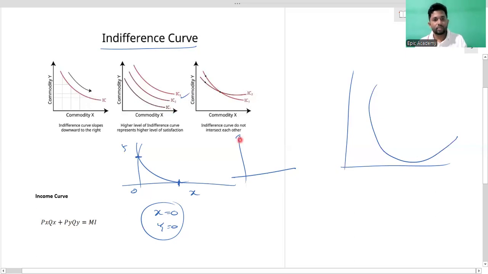So indifference curves never cross each other. Why? Because IC1 displays one level of utility, and IC2 indicates another level of consumption. If they cross each other, that means they are similar. So they never cross the lines. Those features must be there for the indifference curve.